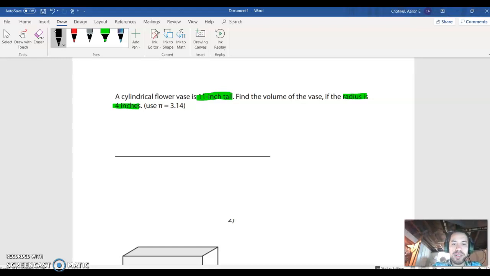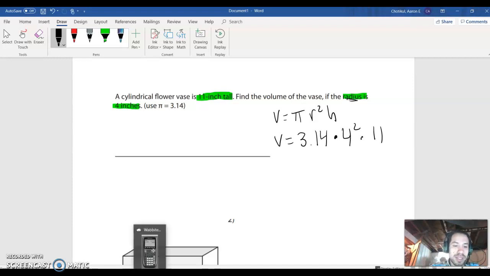Again, very similar. Volume equals pi r squared h. Volume equals 3.14 times 4 squared, again, because that's our radius, is 4, times 11.